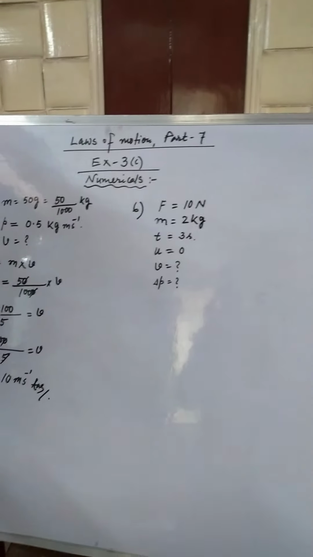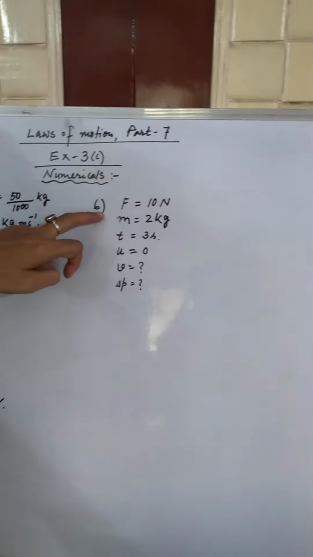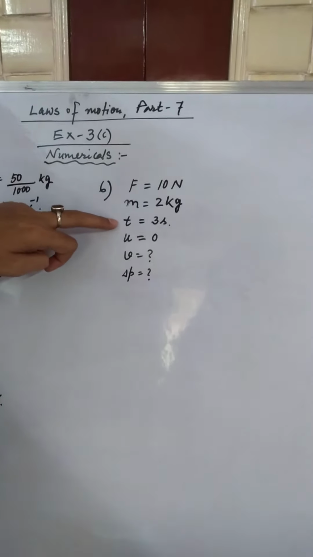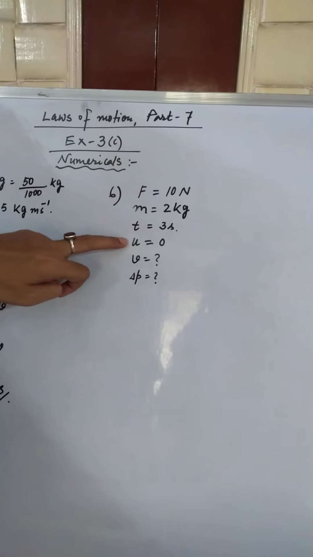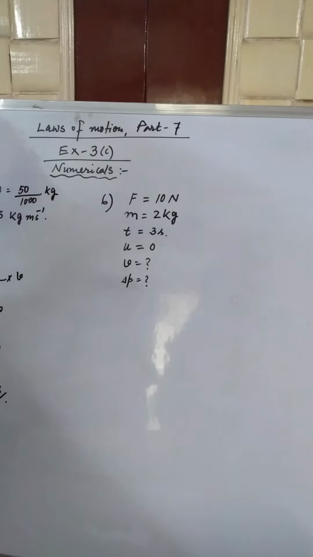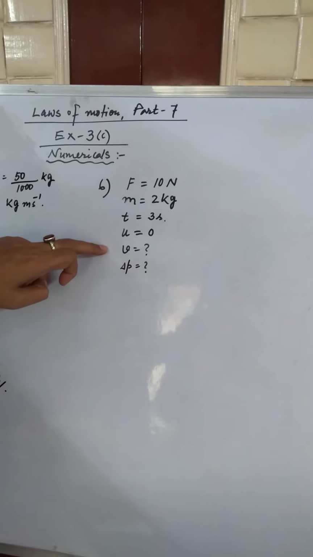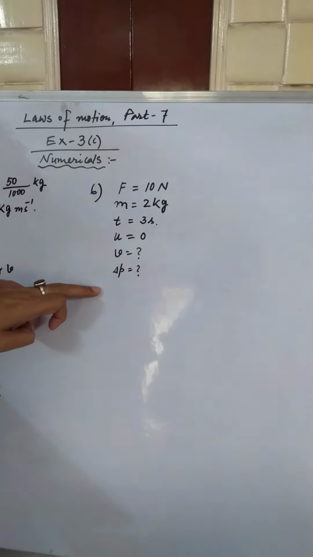A force 10 Newton, so F equal to 10 Newton, acts on a body of mass 2 kilogram for 3 seconds. The body is initially at rest, so u equal to 0. After applying the force for 3 seconds, you have to find out the final velocity of the body and then the change in the momentum of the body.